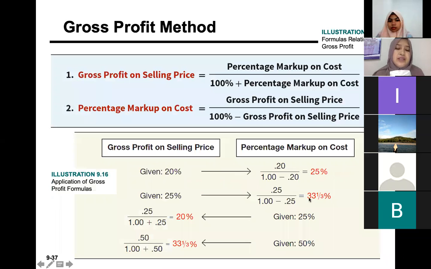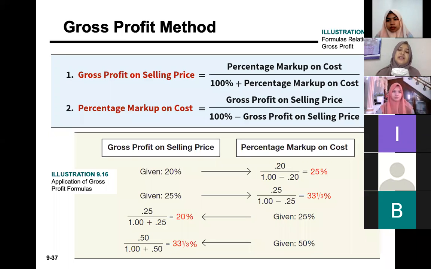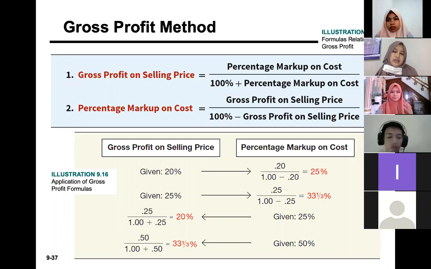This is very much a mathematical calculation. If we know the gross profit on selling price, we can calculate how much the markup on cost is, and otherwise around. If you know the percentage markup on cost, we can identify the gross profit on selling price.